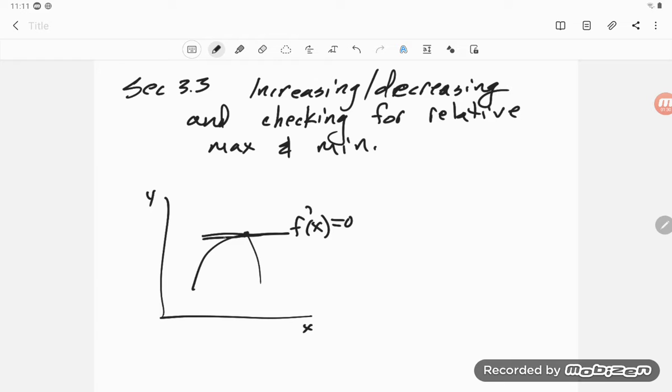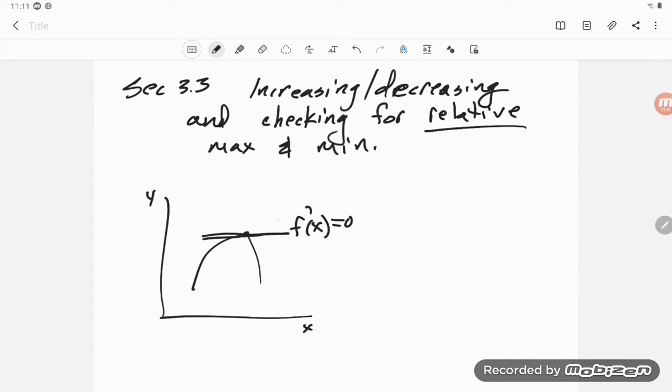Now the problem with a relative max or min is we can't just ask its height.